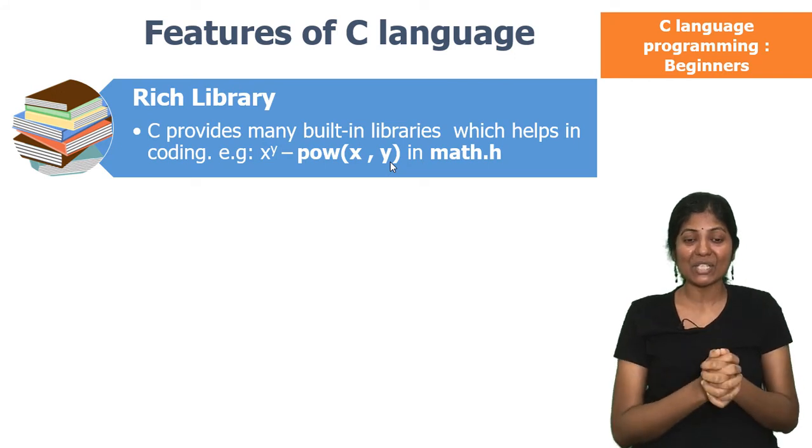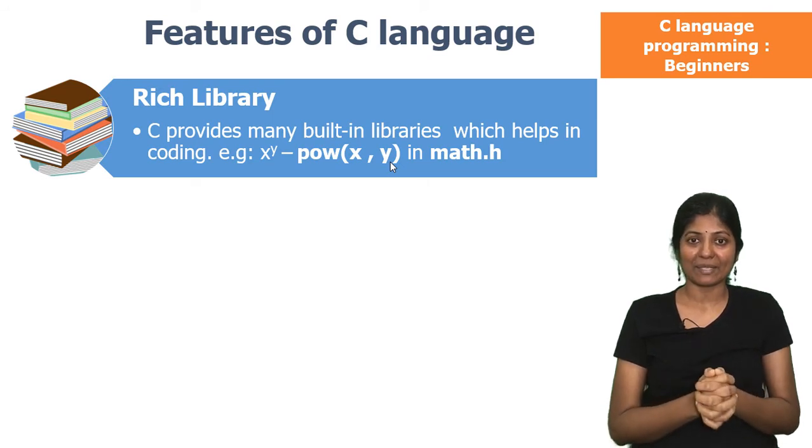I can use this function to develop the program faster instead of writing my own logic, right? This is the advantage of using the library of C. Like this, C provides many libraries. All those libraries you will learn chapter wise when you start writing programs.